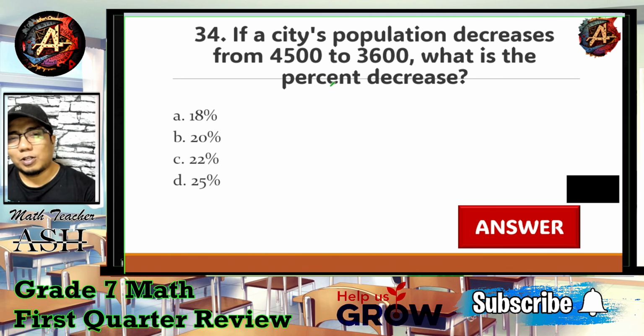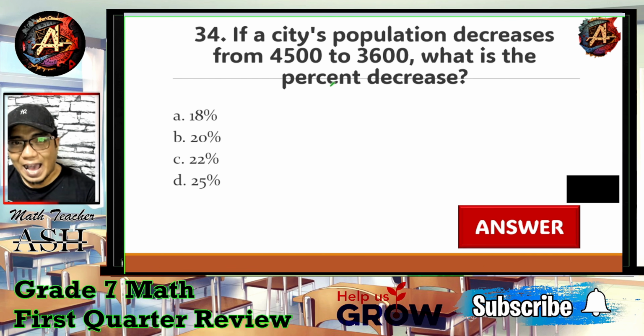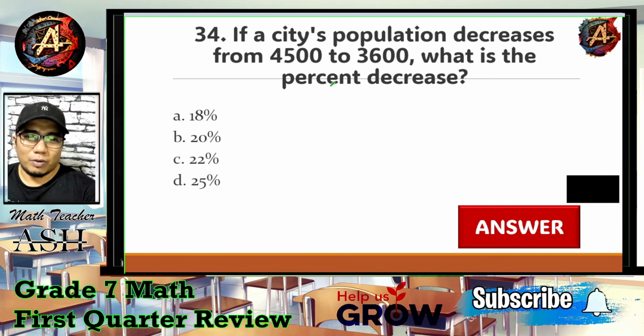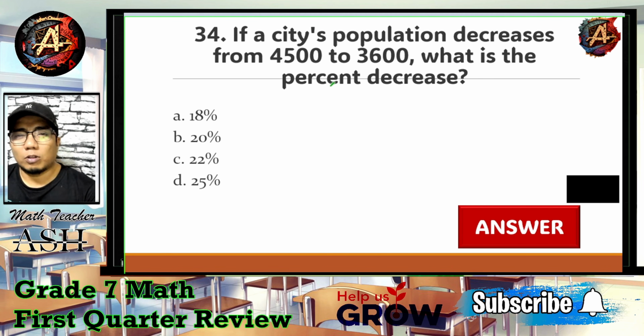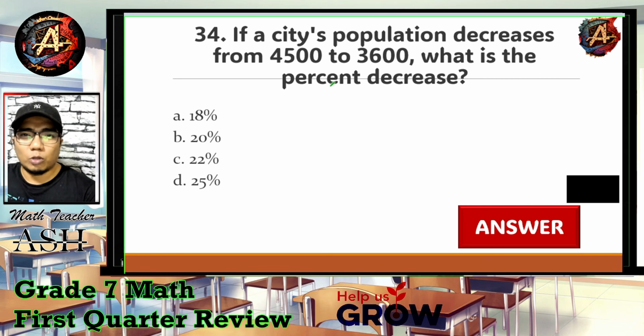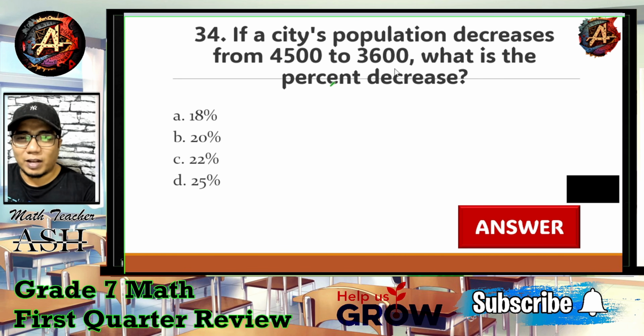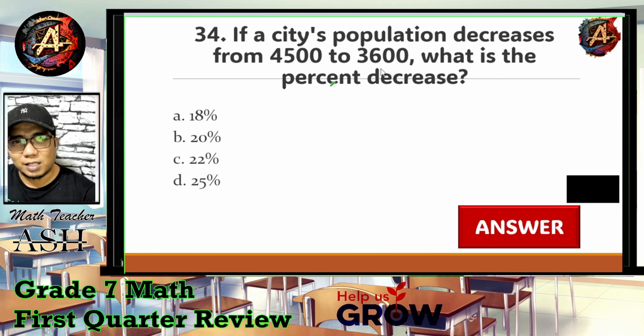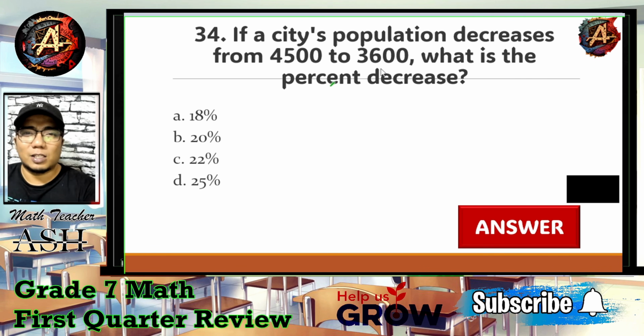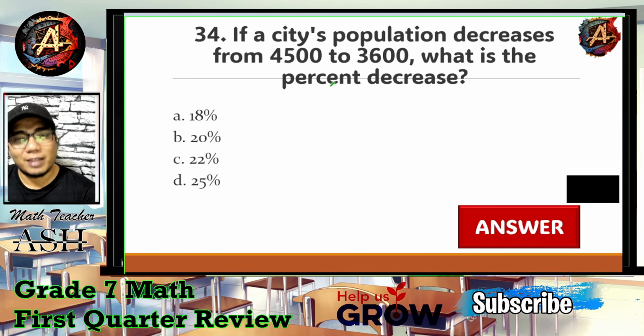Okay, my dear math learners, the same as the question we had earlier about the population increase, what we need to do here first is to know the difference of the two given values. 4,500 and 3,600, if you subtract them, the answer would be, very good, 900.